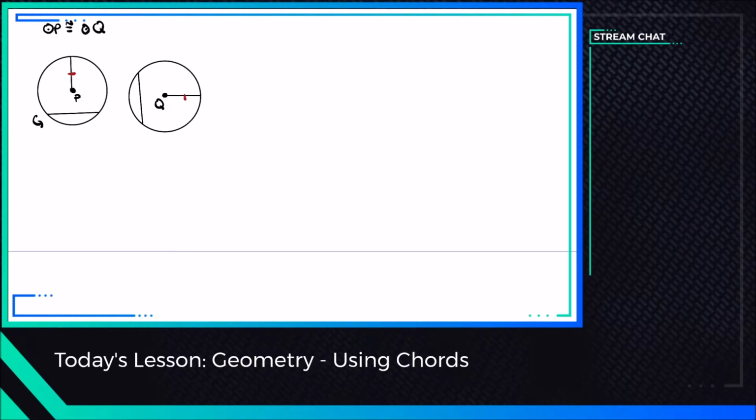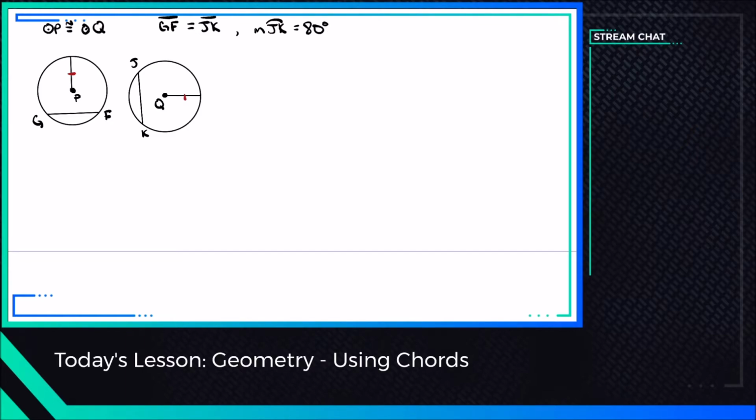We're going to label the one on the left GF, the one on the top JK, and we are given that GF is congruent to JK. We're also given the measure of arc GF is equal to 80 degrees.